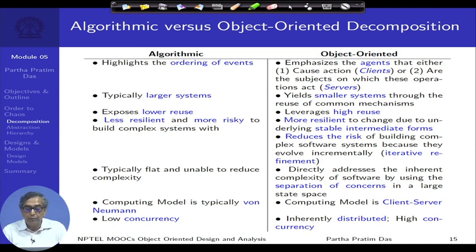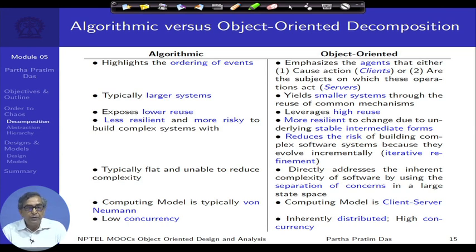Object oriented decomposition gives you smaller systems, because you can make better reuse of common mechanisms and common properties. Leading from this, algorithmic systems are less resilient, or in other terms object oriented systems are more resilient, because you can follow the stable intermediate forms that we had talked about.